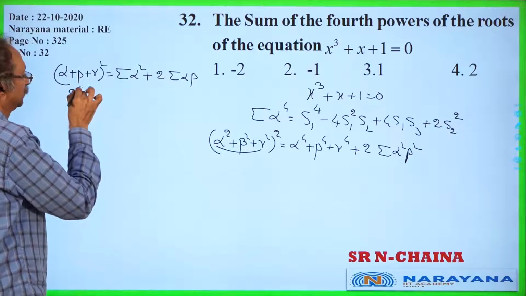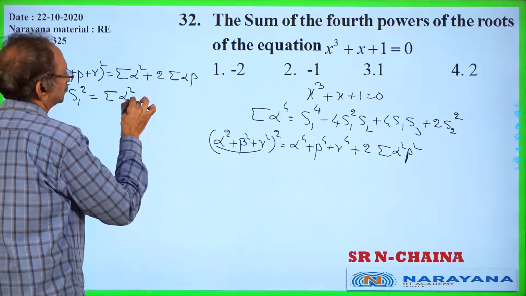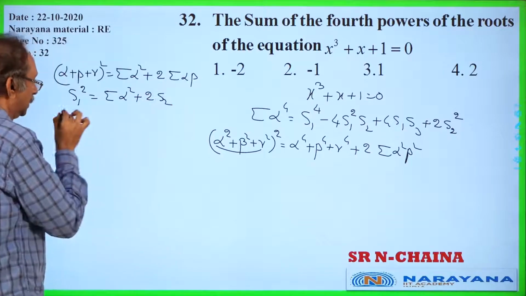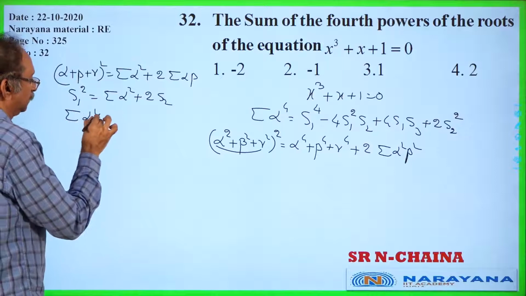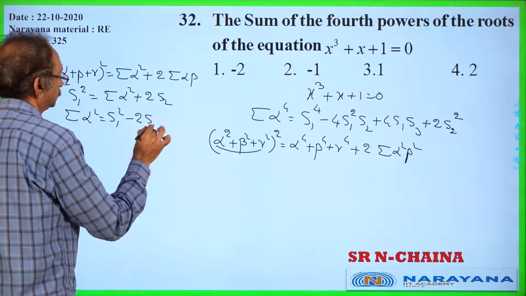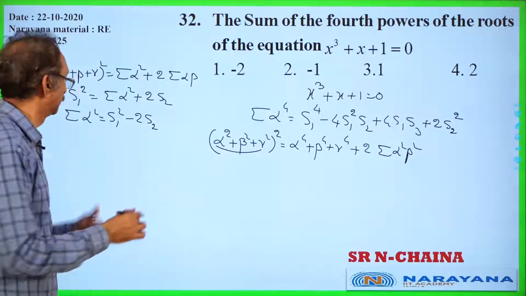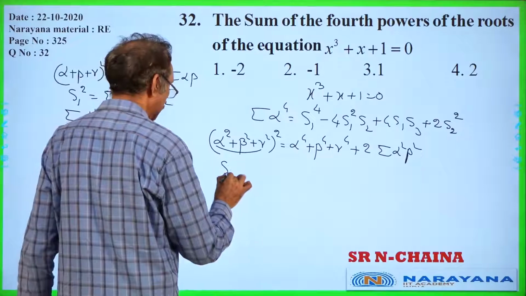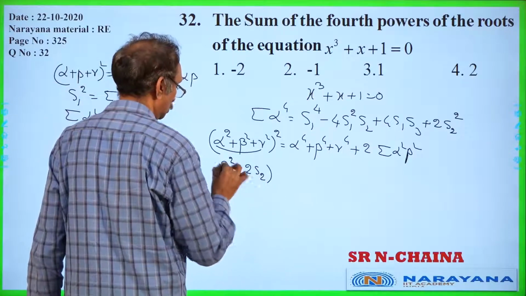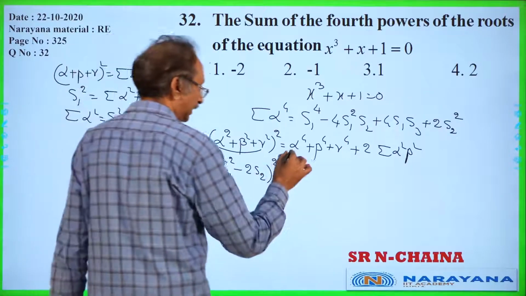So this is S1 square equal to sigma alpha square plus 2 into S2, or sigma alpha square is equal to S1 square minus 2 S2. Therefore, in place of sigma alpha square, you can write (S1 square minus 2 S2) whole square is equal to, I need this.